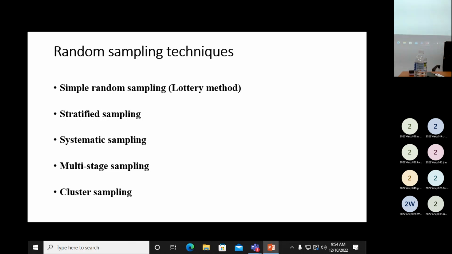Likewise, some areas we want to select. Suppose that A area, B area, C area. Then all the items of the selected areas you include into your sample. Then this is my sample. Initially, you want to decide the areas which are relevant to your study. Then all the items of the selected areas are included into the sample. That's why it is called cluster. All the items are selected. That's why cluster.